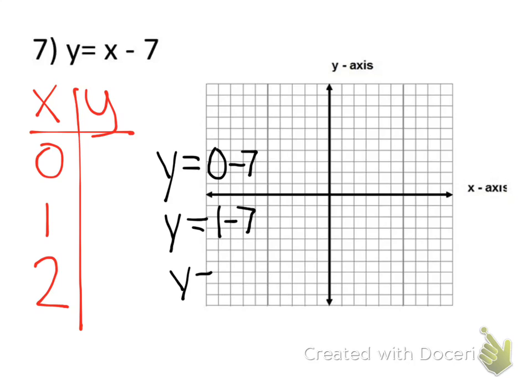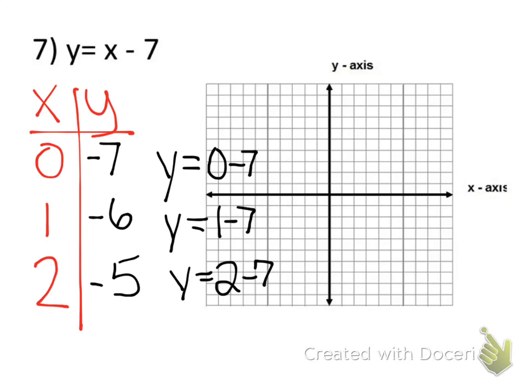I need to do 2 minus 7. That's how I'm going to get my 3 y values. What is 0 minus 7? Negative 7. What is 1 minus 7? What is 2 minus 7? Negative 5 again. See? Pattern?